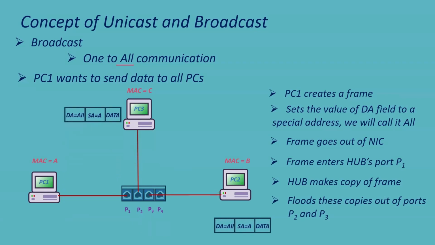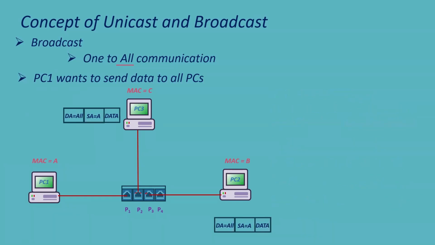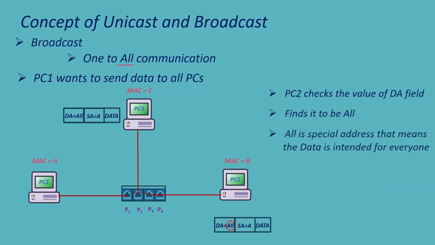Let us again, just like in the previous section, analyze how these PCs will interpret the frame they have received. Let us look at PC2. PC2 checks the value of the DA field, finds it to be all, and all is a special address. That means the data is intended for everyone, including PC2.